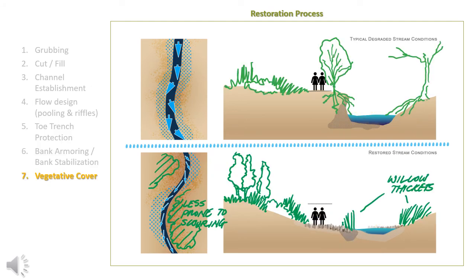This last slide really just focuses in on planting design, selecting the right plant material and placing it within the environment. One of the things that we see in typical degraded stream conditions is a lot of times trees have been established, or the stream itself is undercut to the point where it's coming in contact with large trees and their roots. And I think a lot of people have that sense that getting trees established is the right thing to be doing.